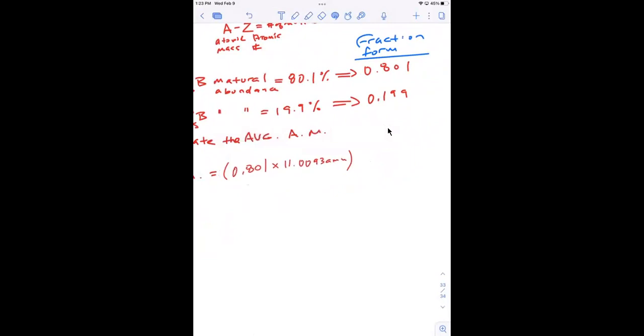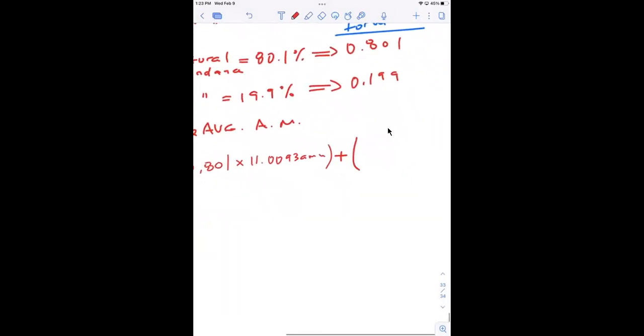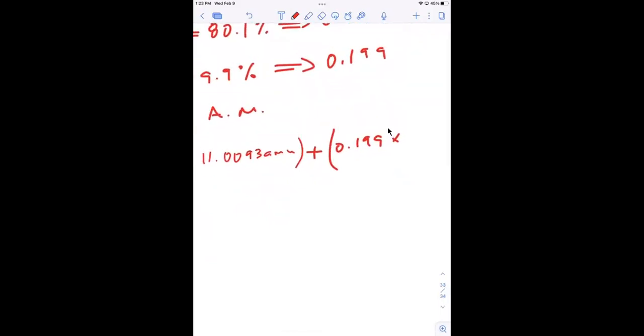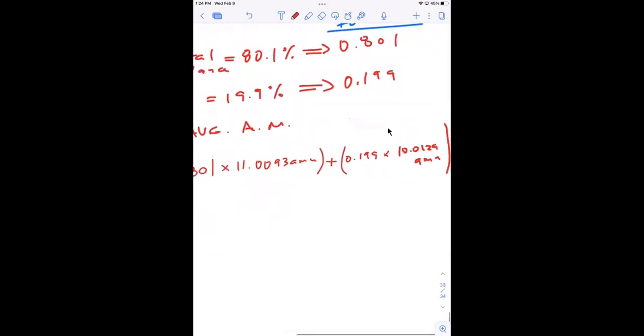And then the second isotope, we're just going to add that. So it's going to be plus 0.199 times that mass, which is 10.0129. And that's also measured in AMUs.